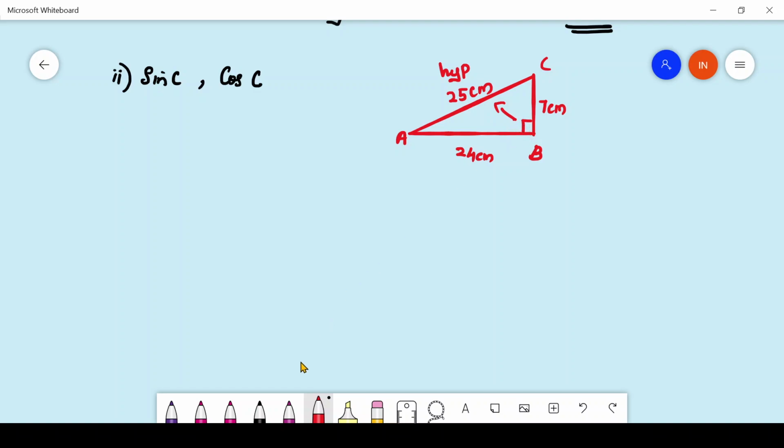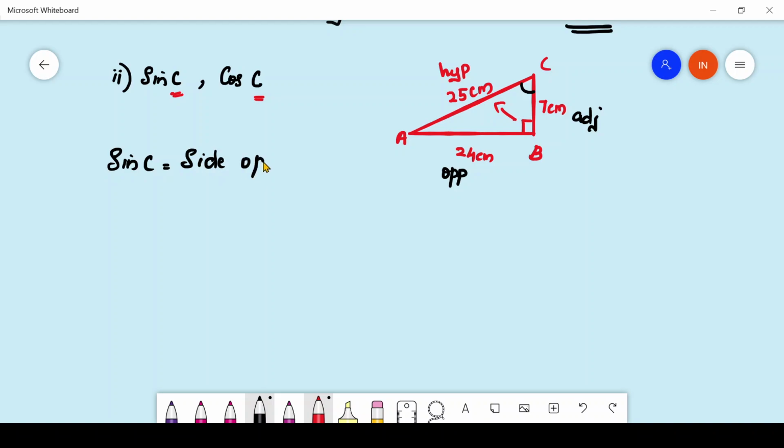Now we are going to find out sine of which angle? Sine of C and cos of C. So now we are giving priority to angle C, right? This C. Which will be the opposite side of this angle C? Yes, very good. This will come as the opposite, and this is the adjacent side of angle C, right? So now we are going to find out sine C. Sine C will be equal to, we have discussed the formula, right?